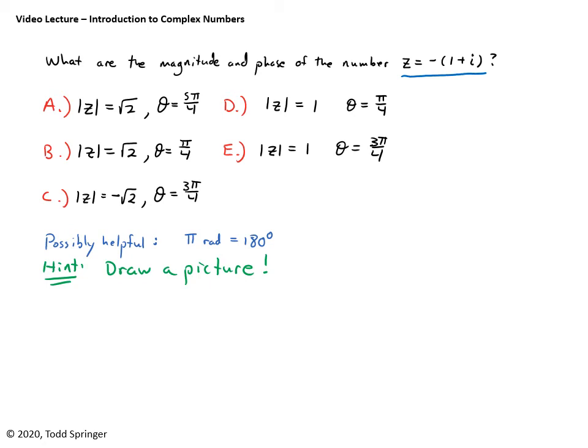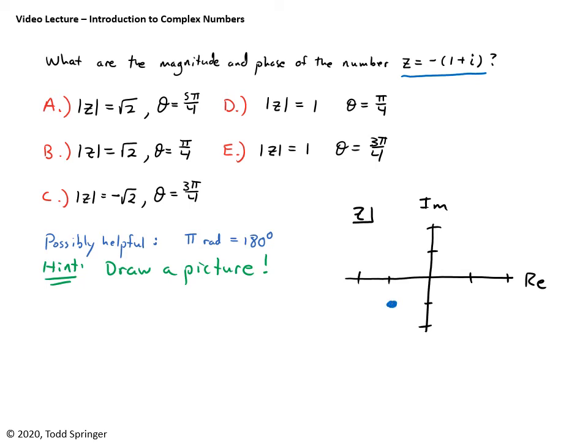Okay, so hopefully you have chosen one of those answers, and before we start, let's draw the picture. So this is the complex plane z. This is the real part of z here, and this is the imaginary axis. Let's put here 1, 2, 1, 2, 1, 2, 1, 2. So this number has a real part of minus 1 and an imaginary part of minus 1.